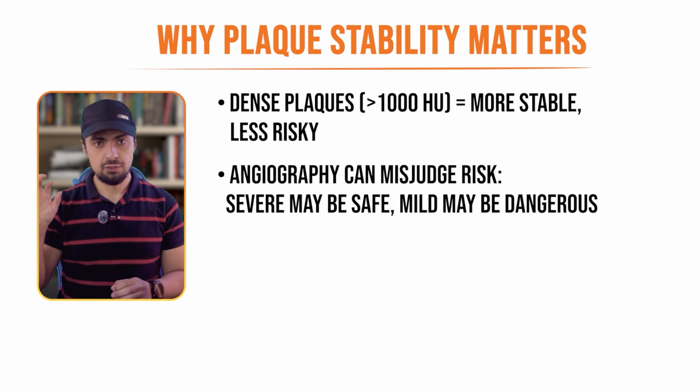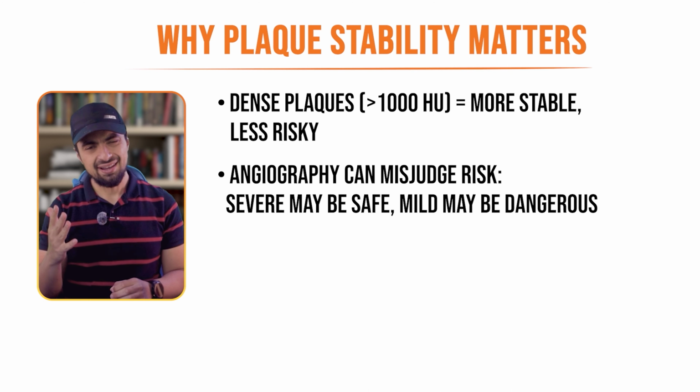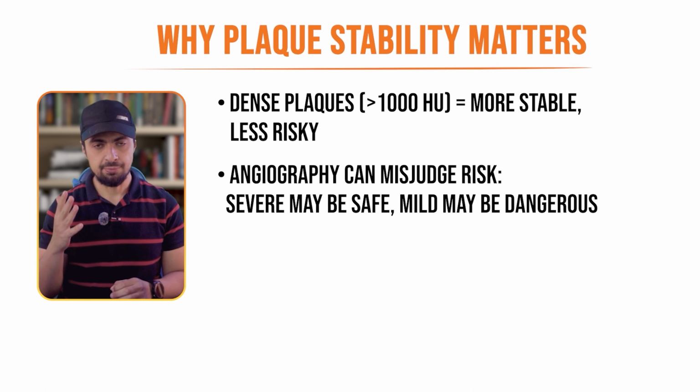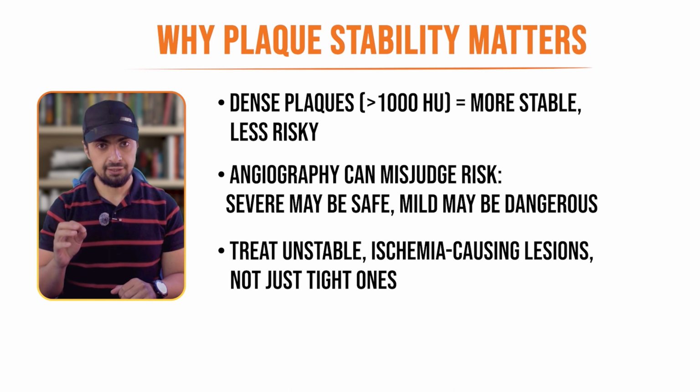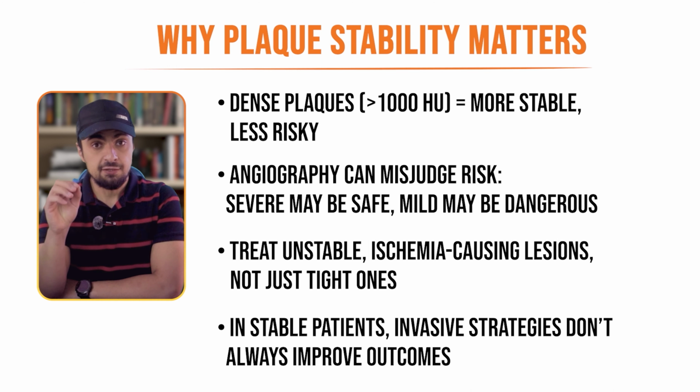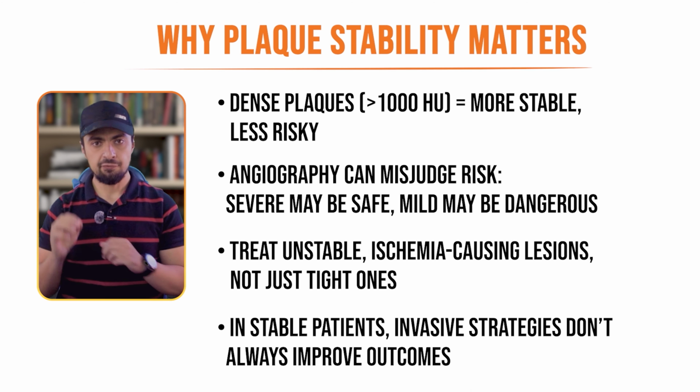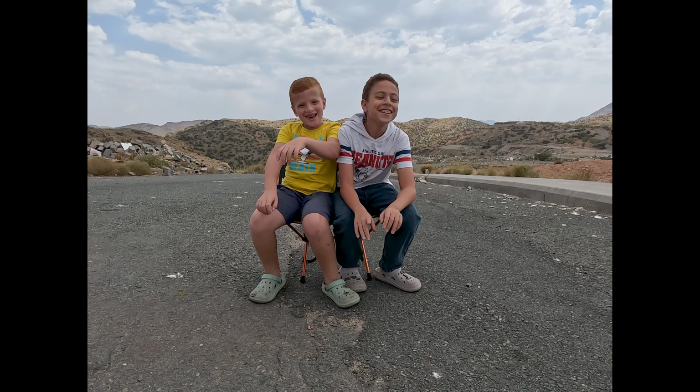A lesion that looks severe on imaging might actually be stable and safe. Even a mild 40% narrowing might be high risk if inflamed and lipid-rich. Revascularization should target unstable, ischemia-causing lesions, not simply those that look tight. The evidence shows invasive strategies don't automatically yield better outcomes in stable patients, even with significant stenosis.